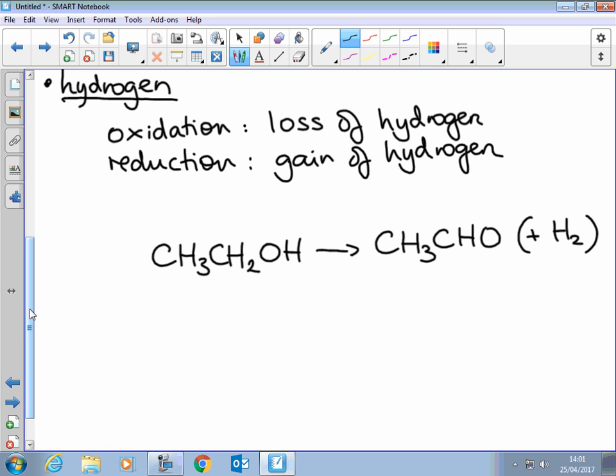But it's losing hydrogen, the ethanol. In chemical reactions, by convention, we only ever add stuff. So much as I would like to write CH3CH2OH minus H2, you don't do that. The convention is that you never do minus, you only ever do plus. So the ethanol is losing hydrogen and becoming ethanal.